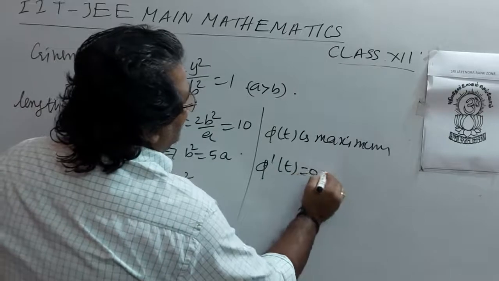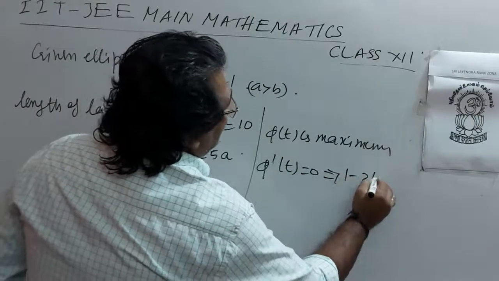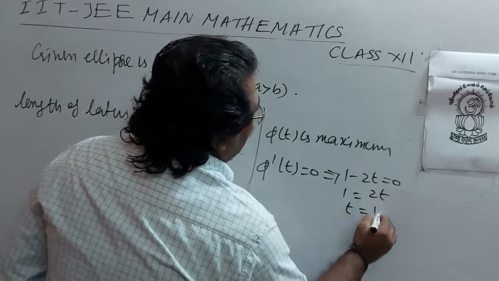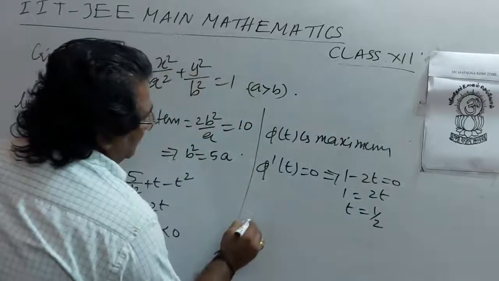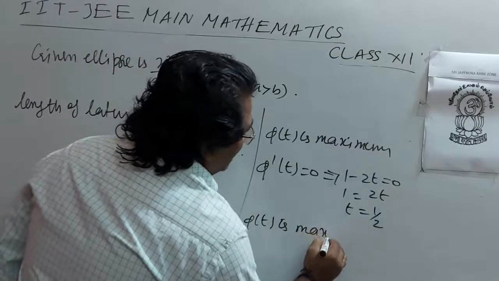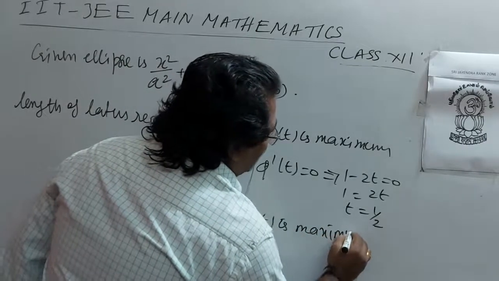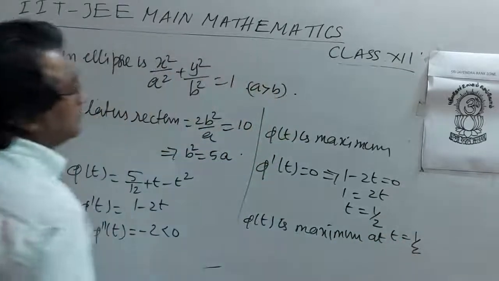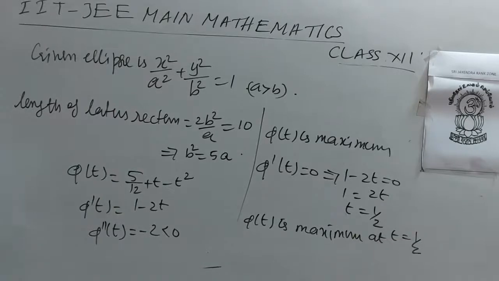Phi dash of t equal to 0 implies 1 minus 2t equal to 0, 1 equals 2t, t equal to 1/2. Phi of t is maximum at t equal to 1/2.